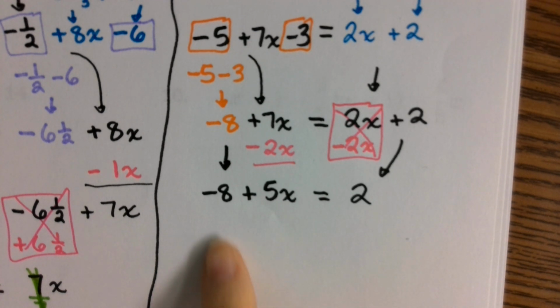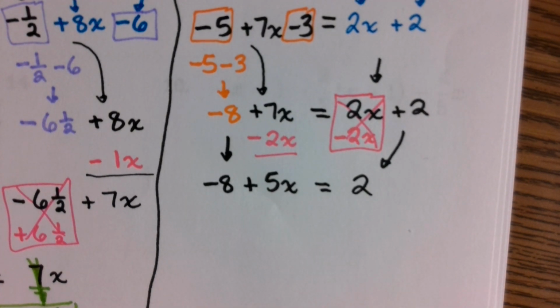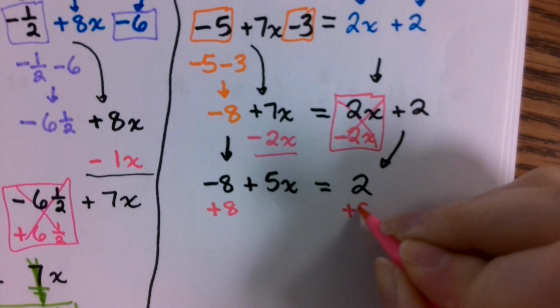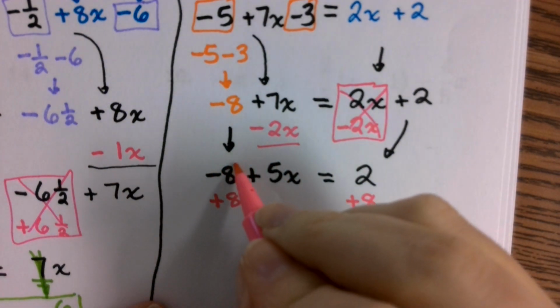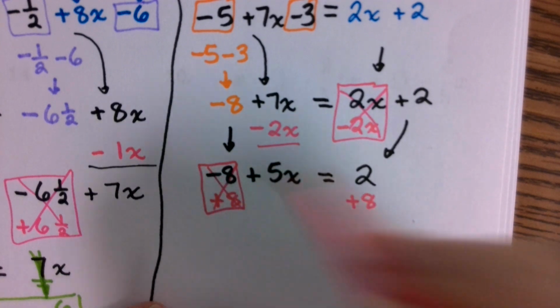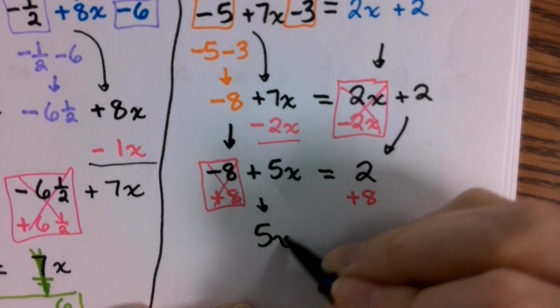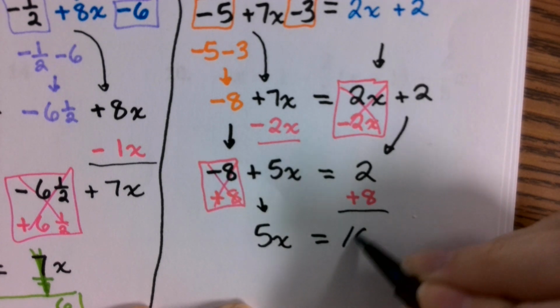The two-step equation, what's the first inverse operation that we need to do to solve? Plus 8 on both sides. Okay, we're going to add 8 on both sides. This minus 8 and this positive 8 are going to go ahead and cancel out. We're going to be left with a positive 5x is now equal to a positive 10.